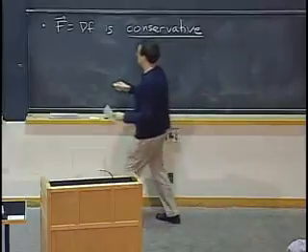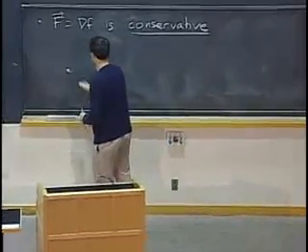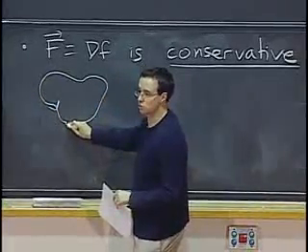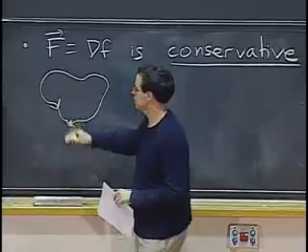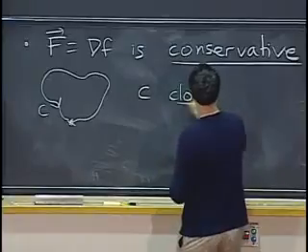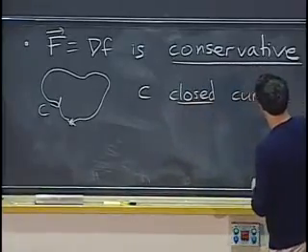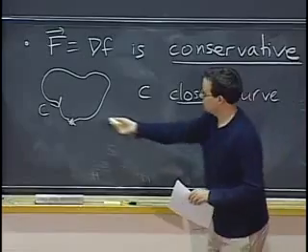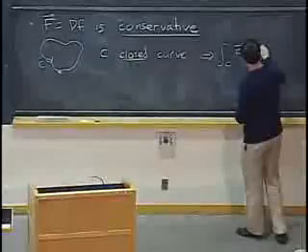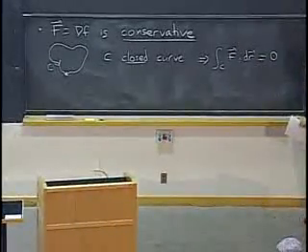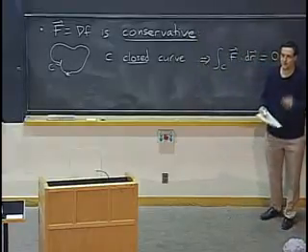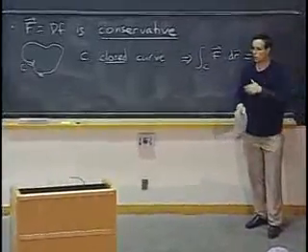In particular, if you take a closed trajectory, a trajectory that goes from some point back to the same point, so if C is a closed curve, then the work done along C is 0. That's the definition of what it means to be conservative. If I take any closed curve, the work will always be 0.